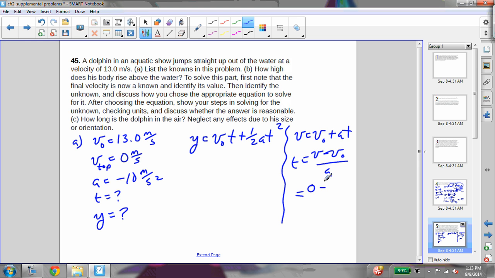V is v at the top. V naught is 13 over a, which is negative 10. And this gives me my time, 13 over 10, or 1.3 seconds. So it takes 1.3 seconds to go up to his maximum height. And then I can come back to part A and figure out what y is.